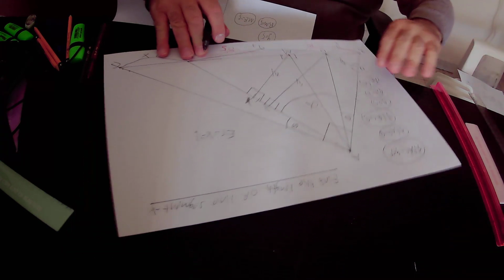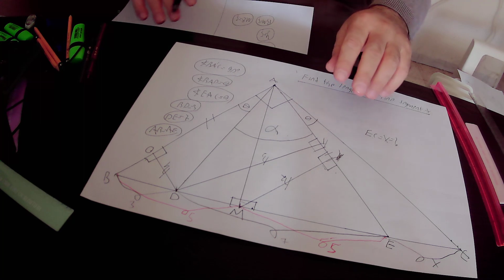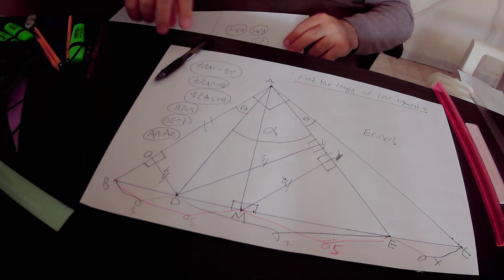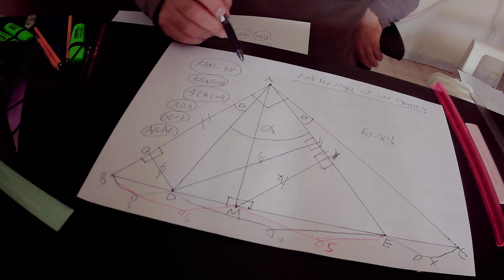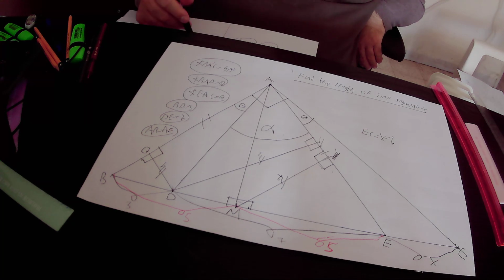So why can those two triangles go into each other? Triangle ABM and triangle AME. First of all, we know that AB is equal to AE. It is given to us in the question.